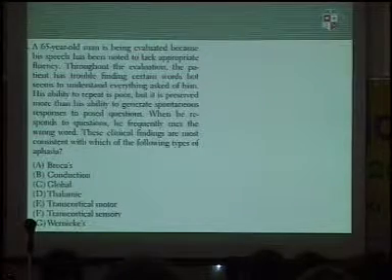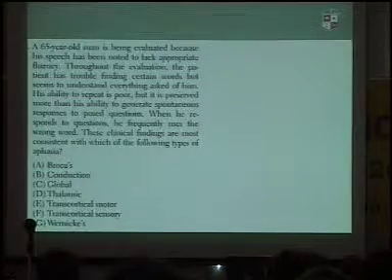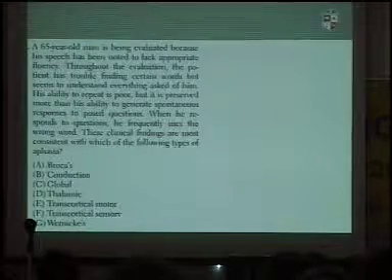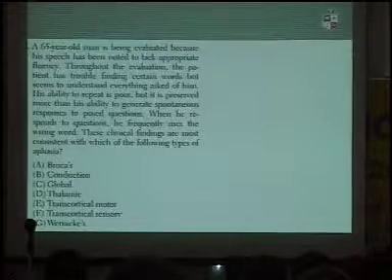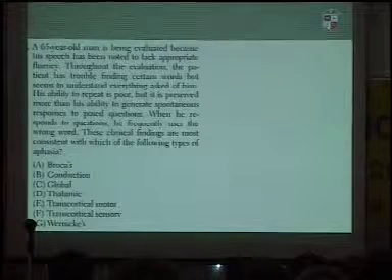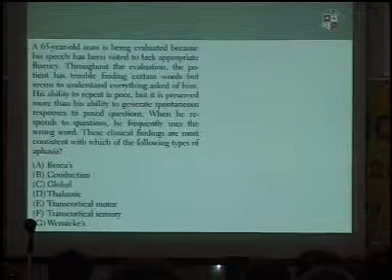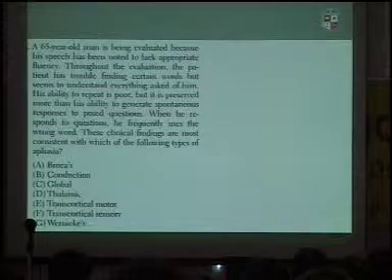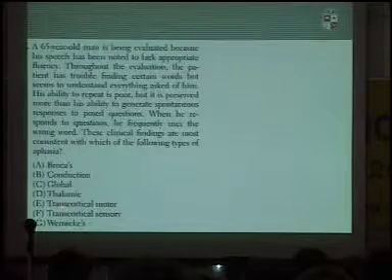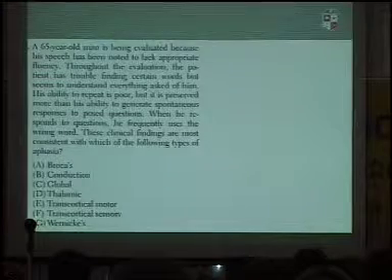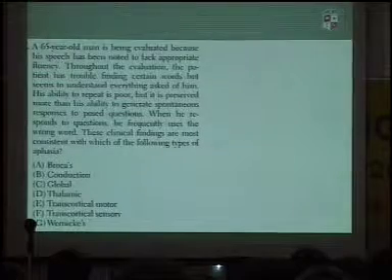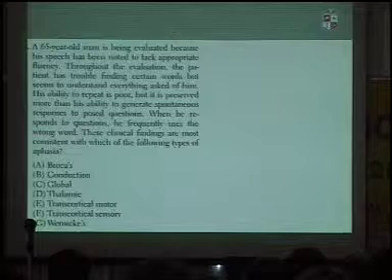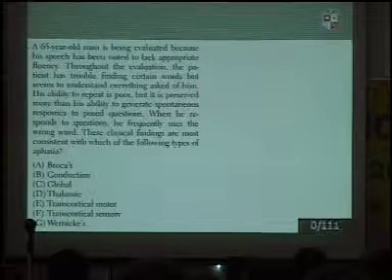When he responds to questions, he frequently uses the wrong word. The clinical findings are most consistent with the following types of aphasia. A is Broca, B conduction, C global, D thalamic, E transcortical motor, F transcortical sensory, or G Wernicke's. Please vote.